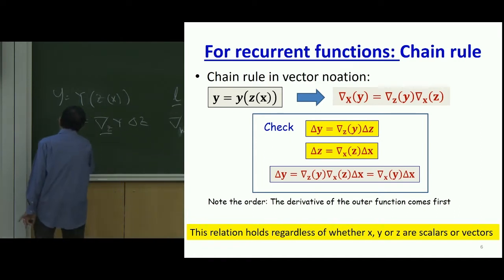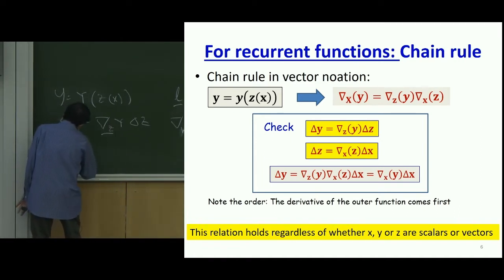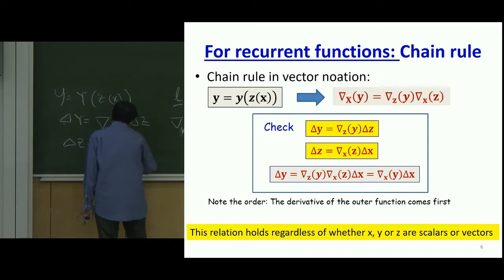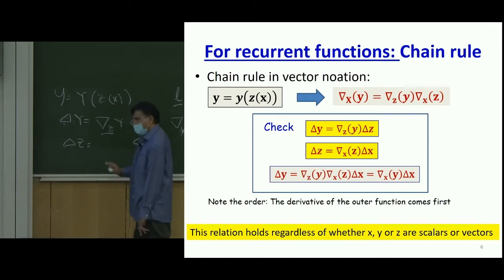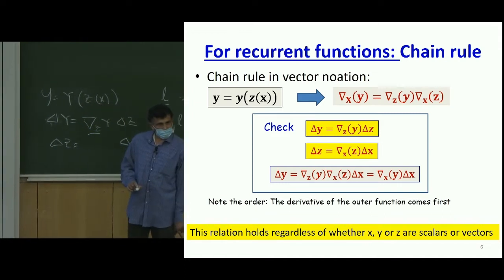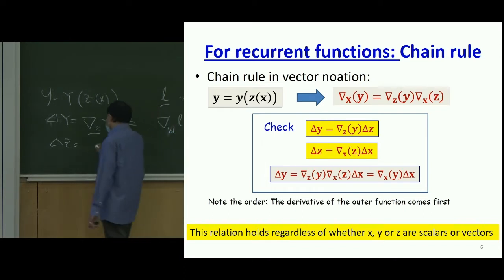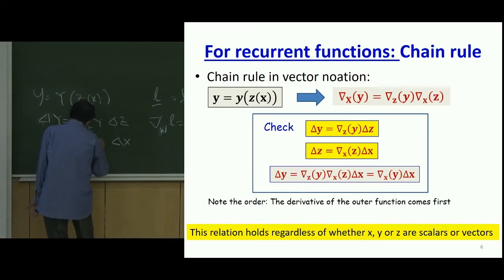If I write the same thing for delta z in terms of delta x, what is this going to be? Same thing, right? The derivative of z with respect to x.